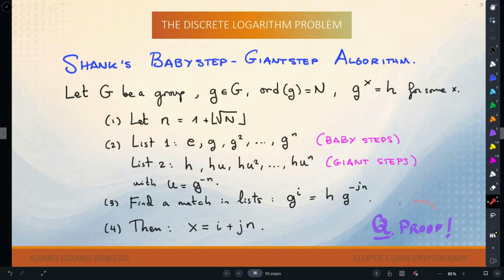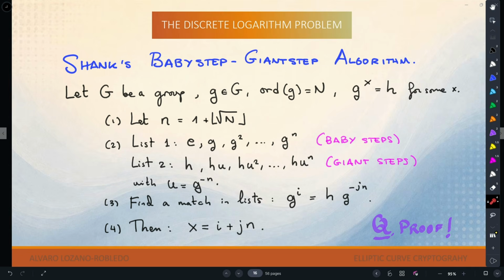And this, I'm going to leave it up to you. That's a neat little proof. It looks a lot harder than it actually is, but you can prove that there is a match in these 2 lists. You don't have to actually compute both lists all at once. For efficiency, you compute like this. You start building both lists at the same time, because if the hit happens very soon, if this one is equal to this one, you don't have to compute this entire list first and this entire list first.